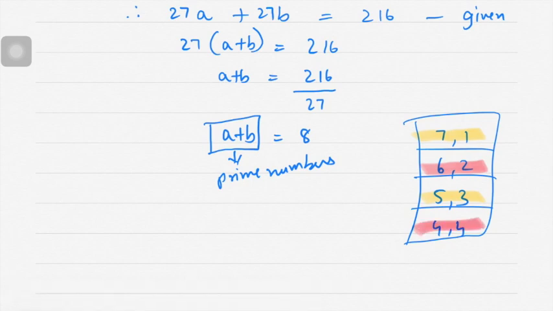Right? And 4 and 4. 4 is not a prime number. Right? So 7, 1 and 5, 3. These are the two possible combinations. Correct?